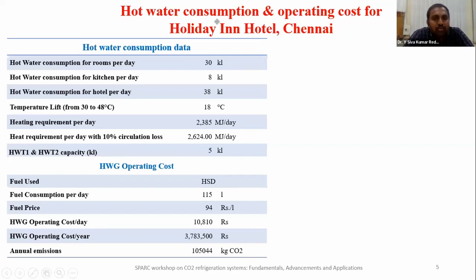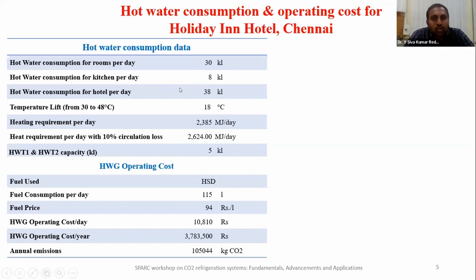Normally this Holiday Inn hotel has around 200 rooms. For this hotel, the rooms requirement is around 30 KL, whereas for the kitchen and other public washing areas, it is around 8,000 liters. So the total hot water requirement is around 38,000 liters.